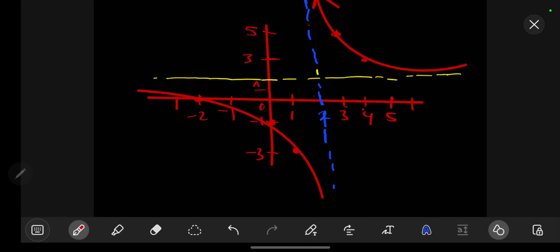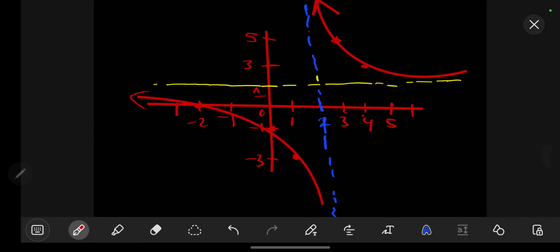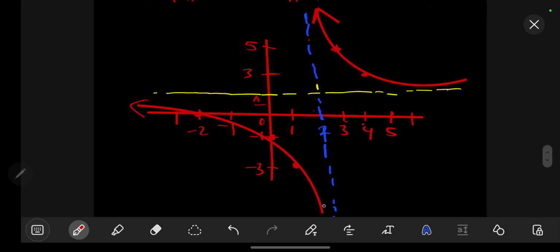So it will be able to follow the asymptote like that, but it won't be able to touch it like that. So this is how we draw, having all the intercepts. So this is our graph. This is the way it's looking. All the points at which it's passing, it's not touching the asymptotes like that. So this is how we graph that.